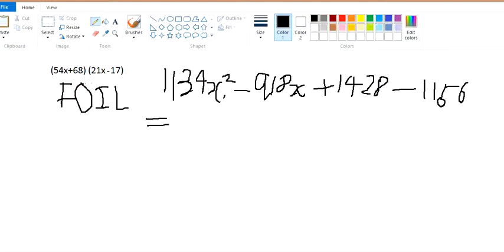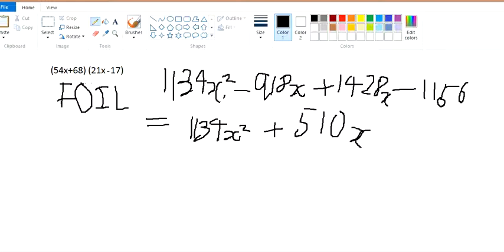So what we get from this is 1,134x squared plus 510x minus 1,156. Big numbers, but not a big challenge. The key is to keep using FOIL, and that will see you through almost every polynomial until it gets more complex, in which case FOIL may actually hinder you.